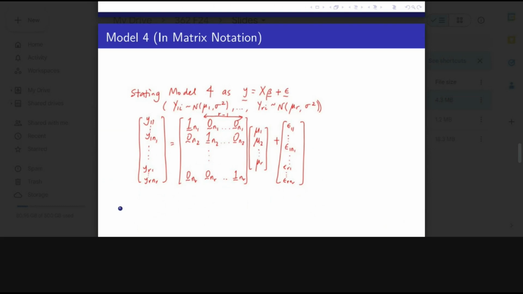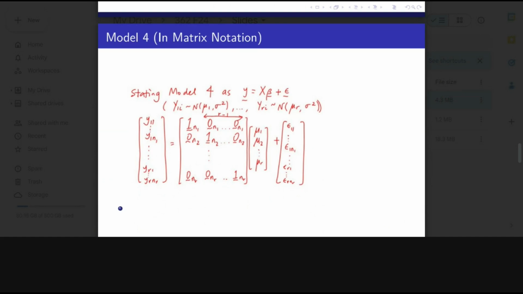Model 4 is going to be more than 2 populations. You have population 1, population 2, all the way to population R. Last time we just stopped at 2. You have group 1, group 2. Now you have group 1, group 2, group 3, all the way to group R. Immediately, can you see why this makes sense?